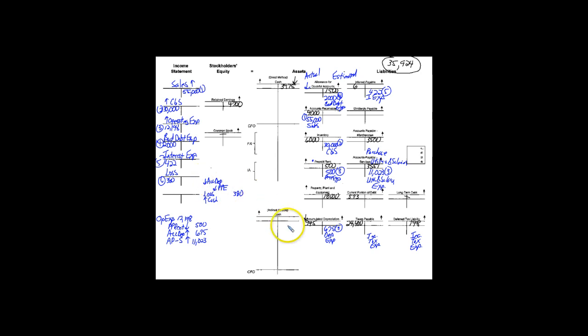So let's go over to accumulated depreciation. Well, the account went up $675. But overall, on the balance sheet, from the beginning to the end of the period, it went down a total of $945.